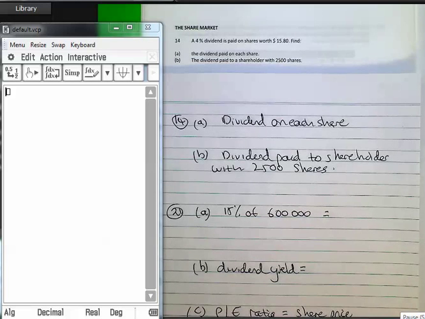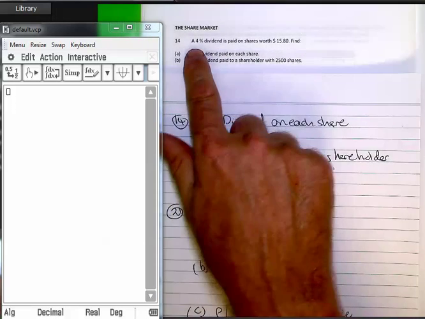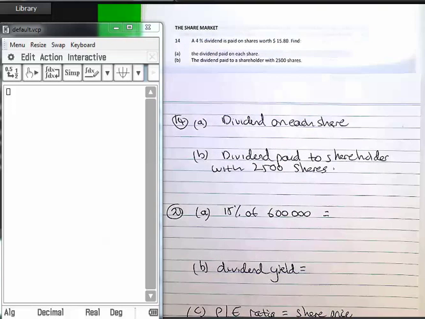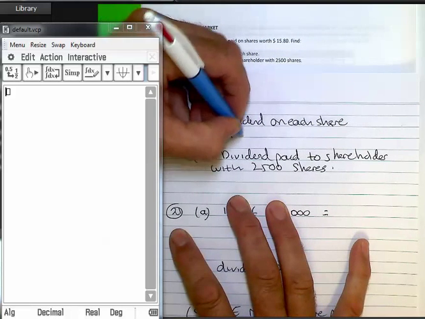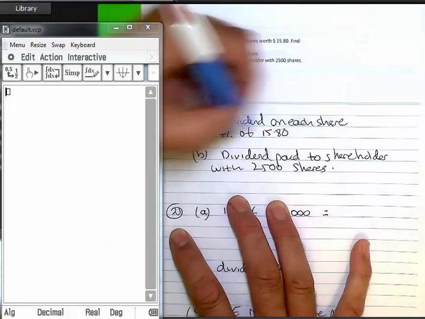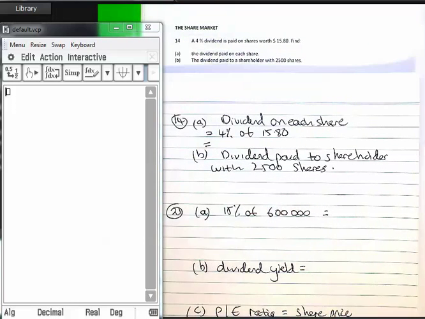In part 2 of set 2, you're looking at the share market and the way in which people can earn income. In the first instance, in number 14, the company is paying a 4% dividend on shares worth $15.80. So in other words, that's 4% of $15.80 on the calculator.